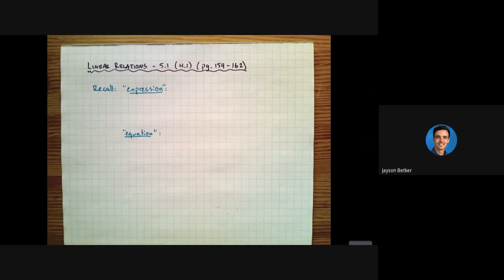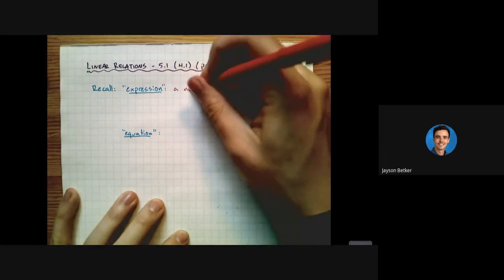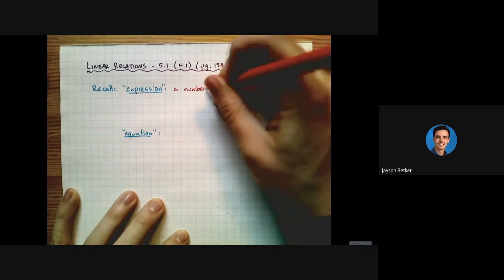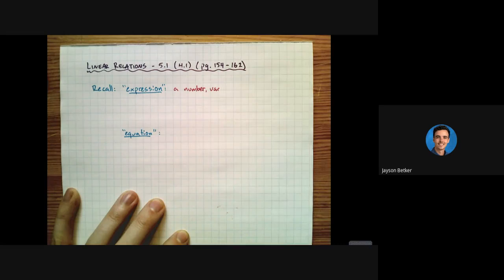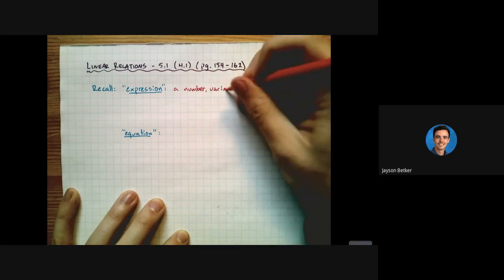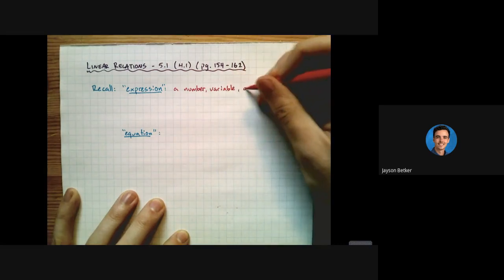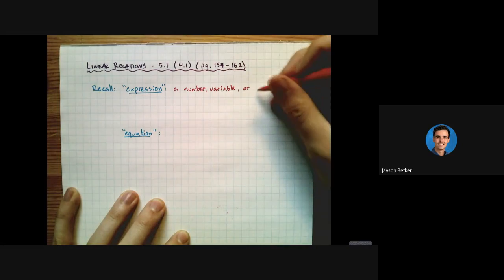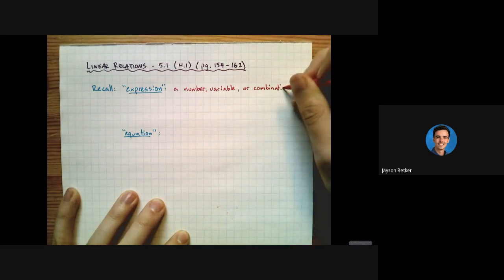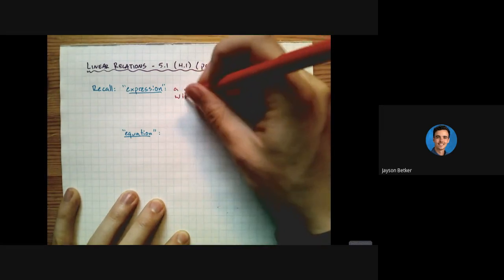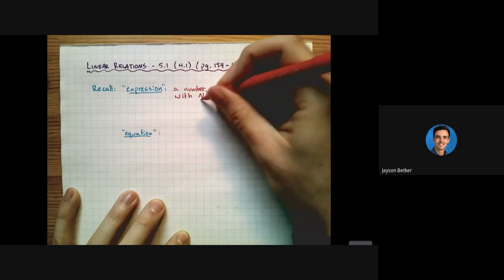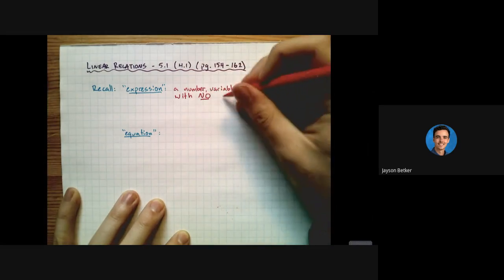An expression is a number or a variable or some sort of combination of those. But the key with an expression is that there is no equal sign.